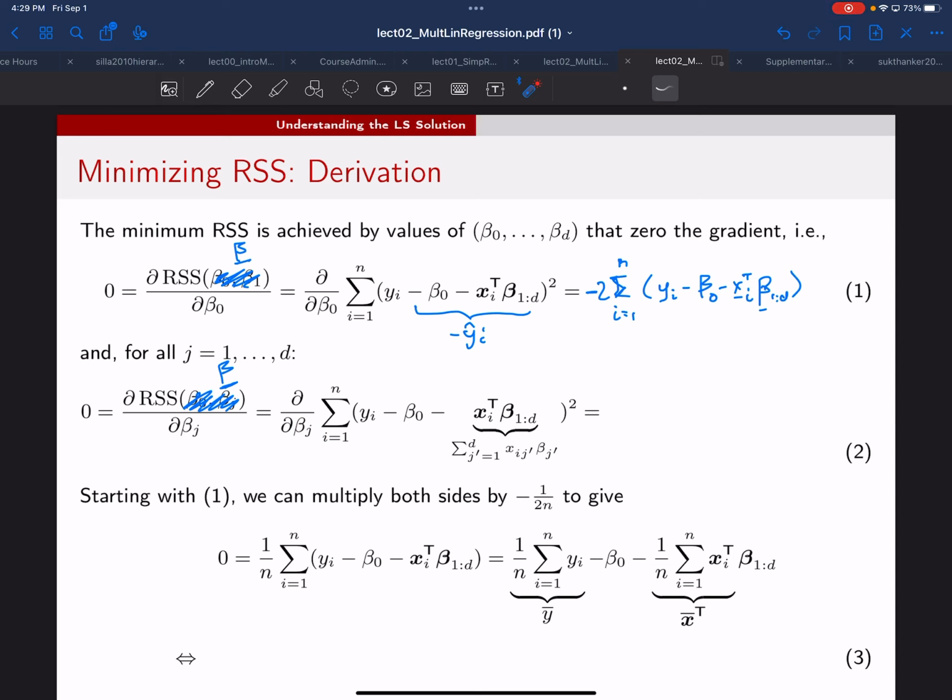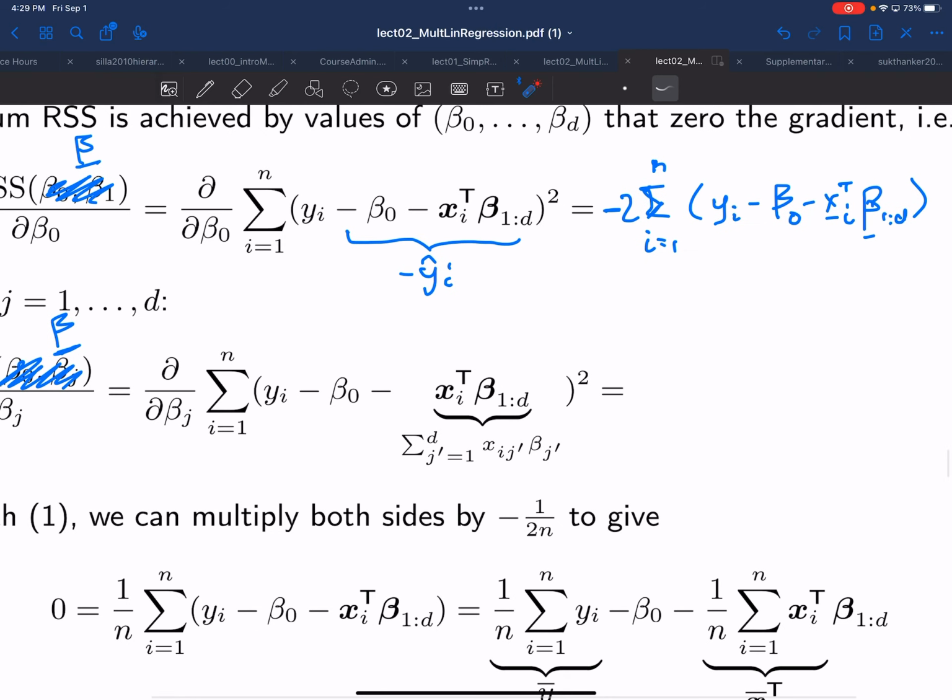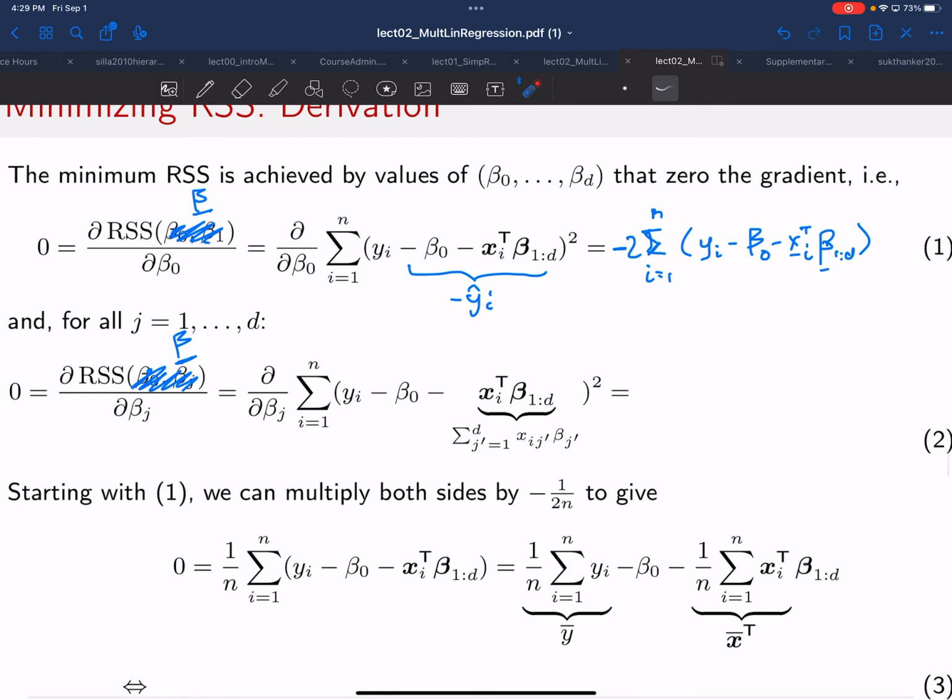I cannot use j again to represent this sum because I would be using the same variable to mean different things. So I'll just use j prime. Okay, so it's the regular sum but with j prime. And now you can see that when I'm focusing on a particular beta j, there's only one term in this sum that matters, and it's the term x_ij beta j. All the other terms involve betas that are different from this beta j.